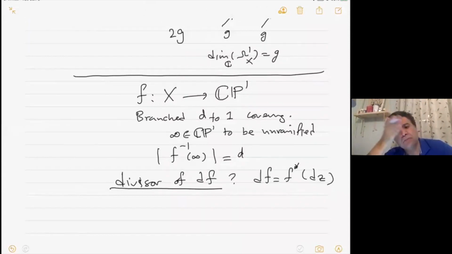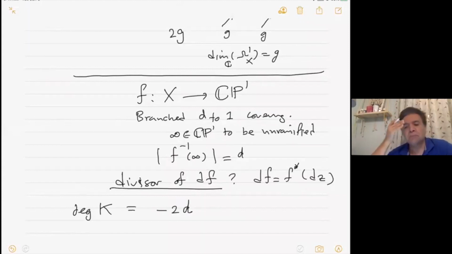And therefore, if you look back on x, you get d copies of these infinities on x, and each of them gives you a pole of order negative 2. So you have -2d coming from these. So I'm trying to calculate the degree of K. So you get a -2d coming from these poles.